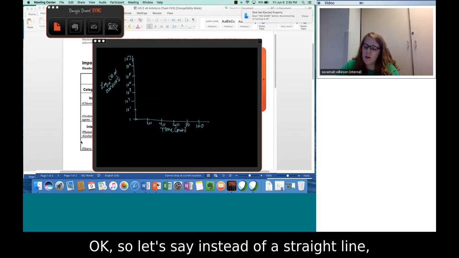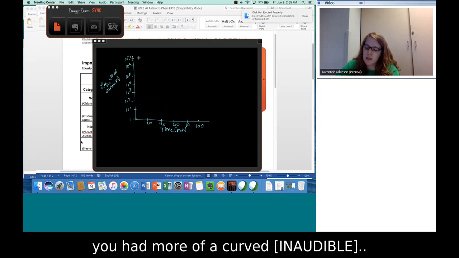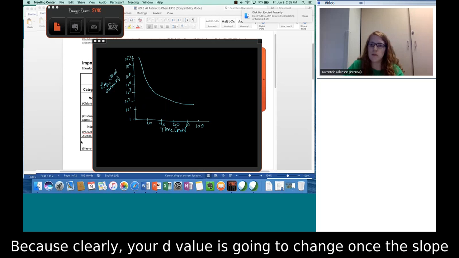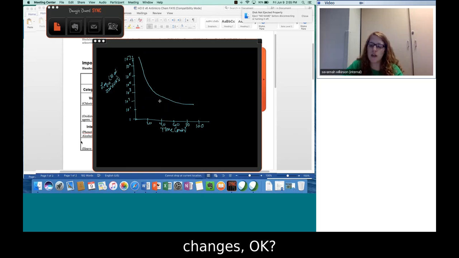Okay, so let's say instead of a straight line, you had more of a curve like this. What would you do? Because clearly your D value is going to change when the slope changes, okay?